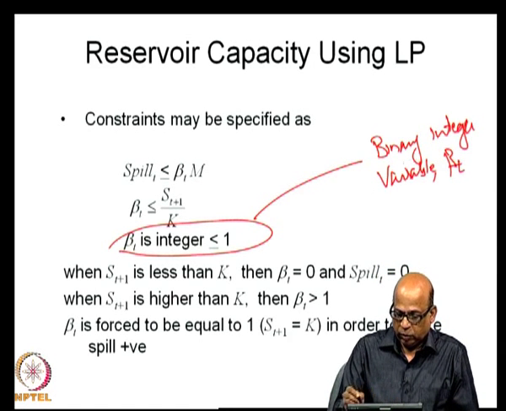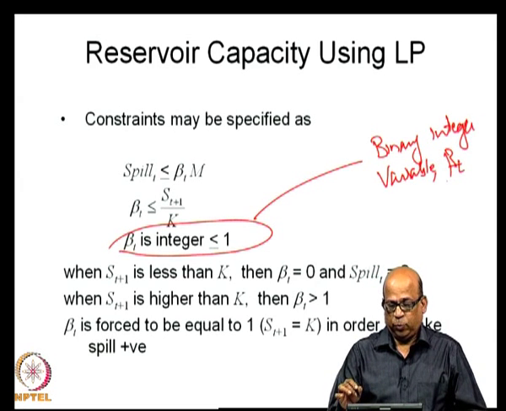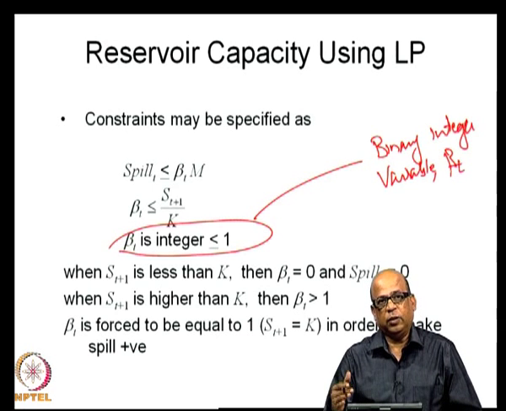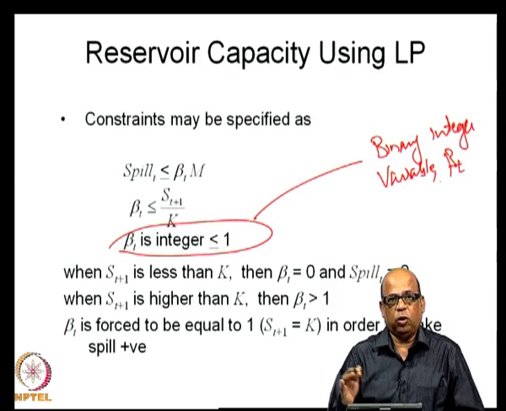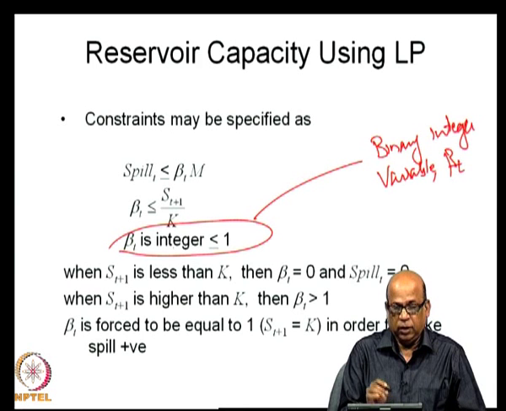Now, there is a way of specifying it in any linear programming problem. Specific variables can take on only integer values, and further we can also specify that it takes on only two values, 0 or 1. Now, in this particular case we will do it explicitly. So, we say that beta t is an integer variable and it is less than or equal to 1.